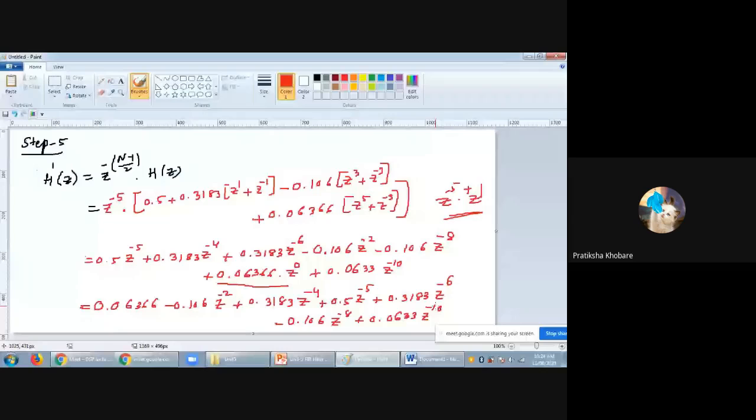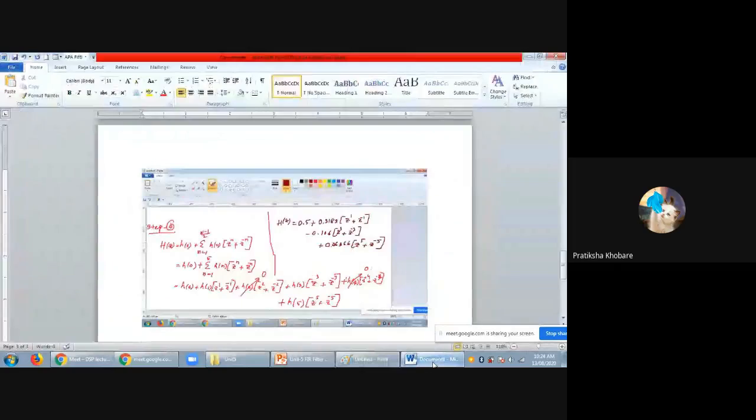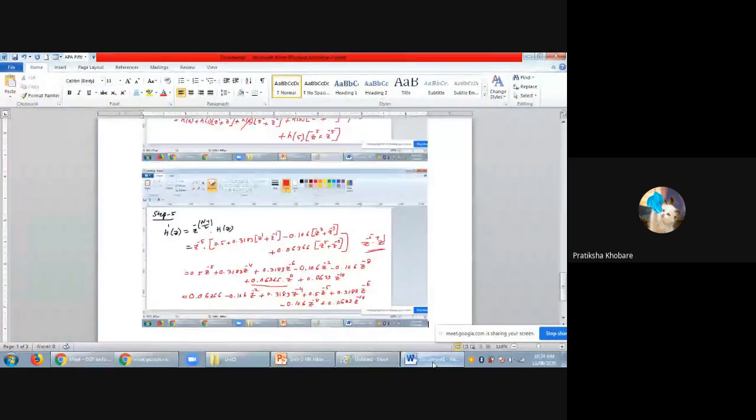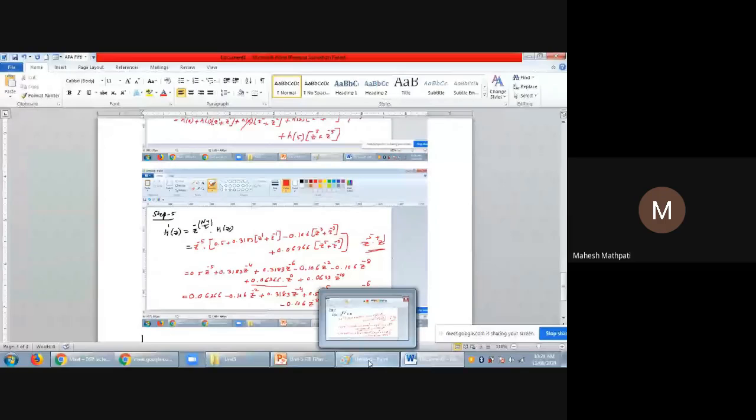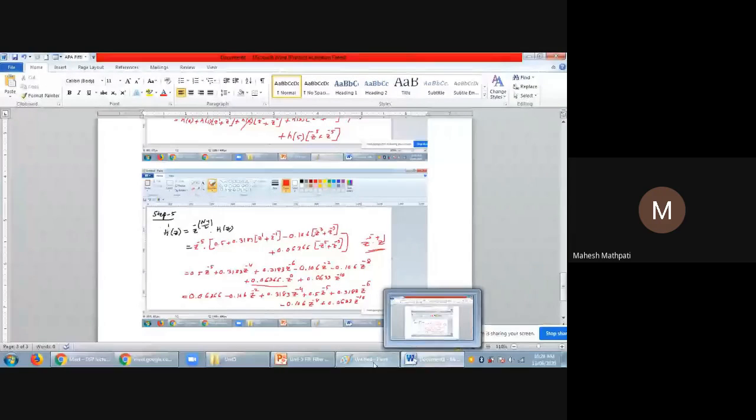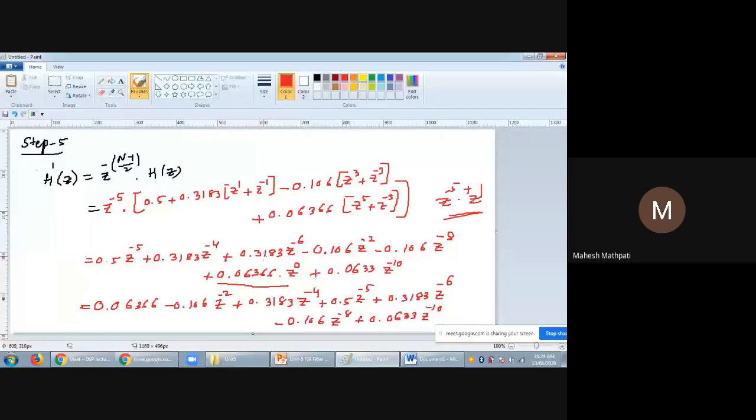Any confusion, any difficulty here? Now with this, you just write one line.